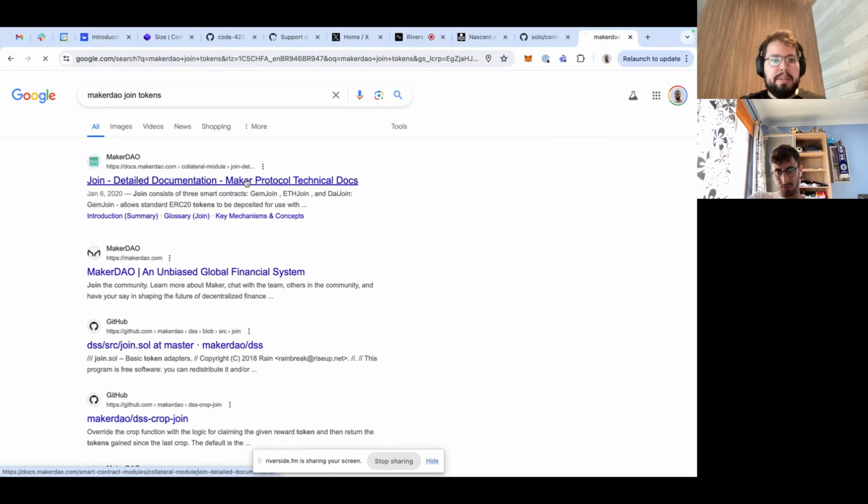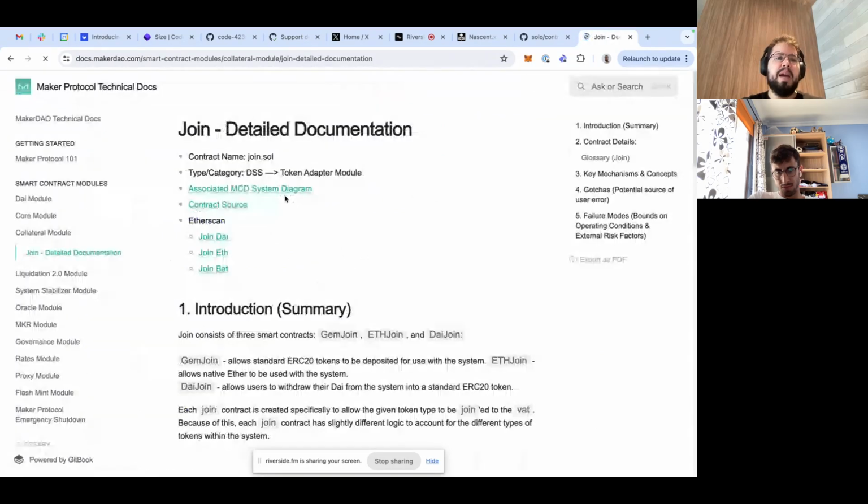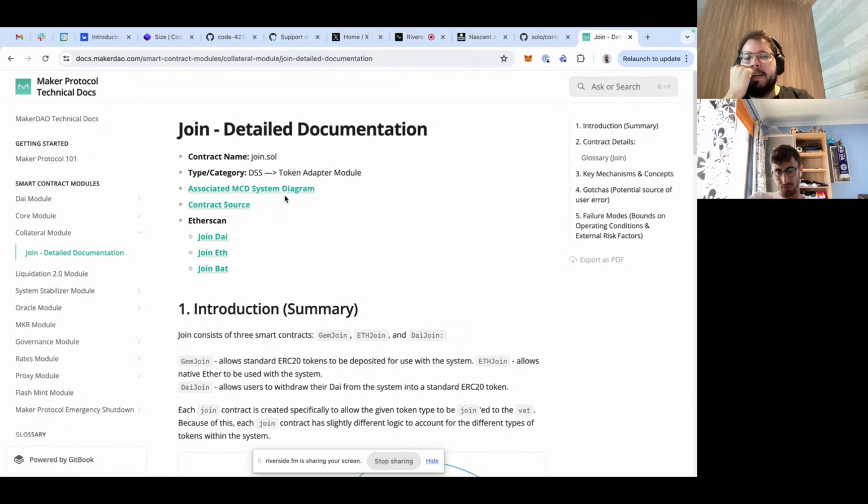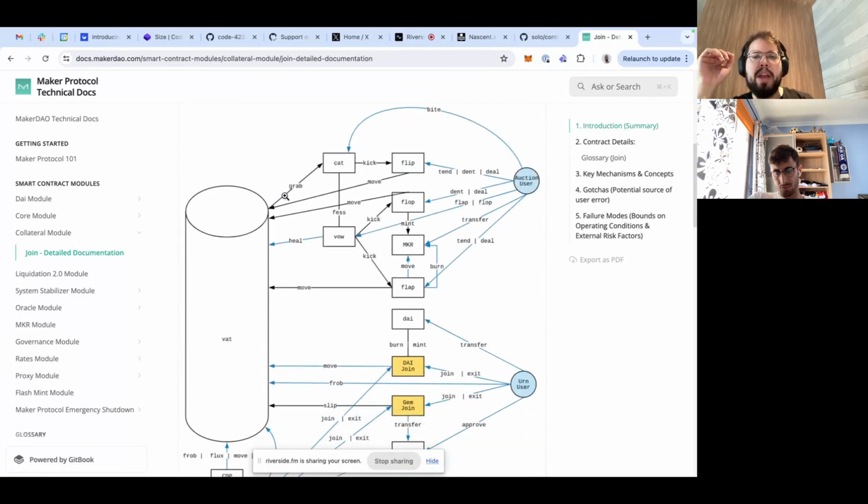But the idea is that we took this from a post that explained how you can tokenize deposits and what the benefits of it are. And I think this was initially pioneered by Maker, where they have a single entry point.